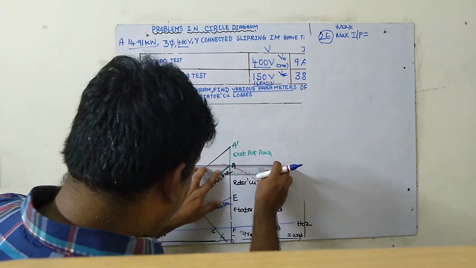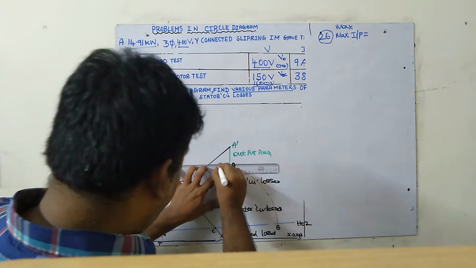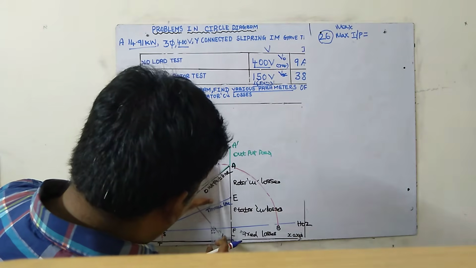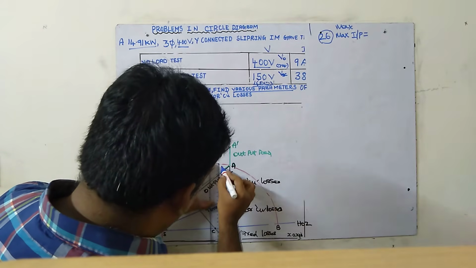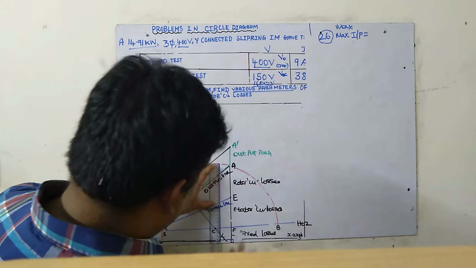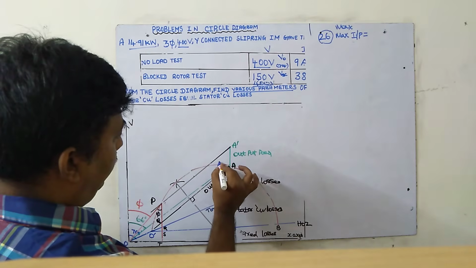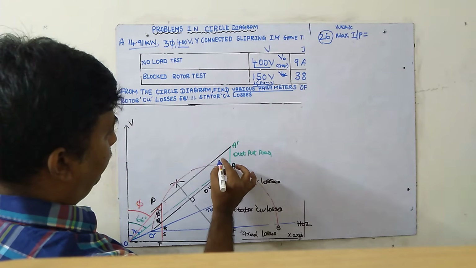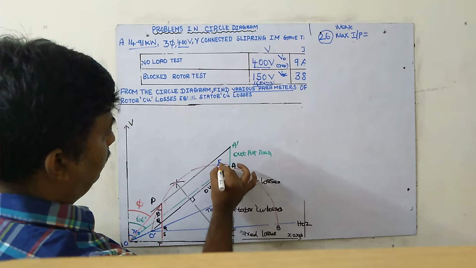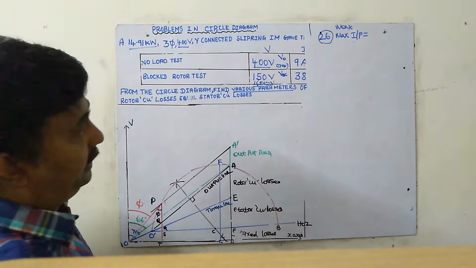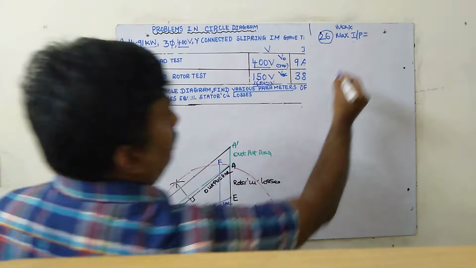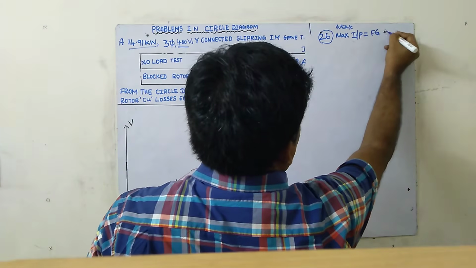Let the line name be, any name you can give, A, B, C, E, F, G. You have to measure FG into the power scale.